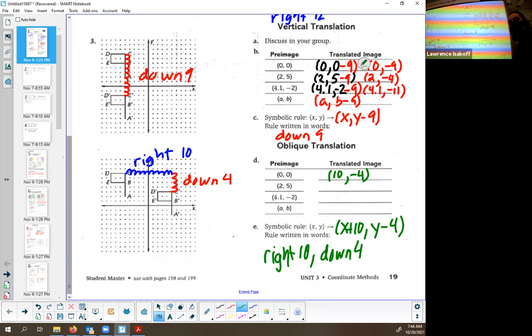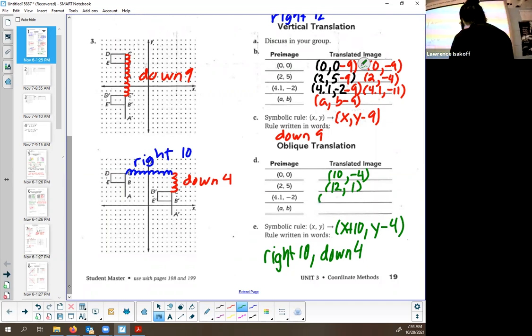What's 2 plus 10? What's 5 minus 4? So 12 comma 1. What would 4.1 be plus 10? 10.1. Or sorry, 14.1. Sorry. We both focus a little too much on the 0.1 there. Hey, we all make mistakes.